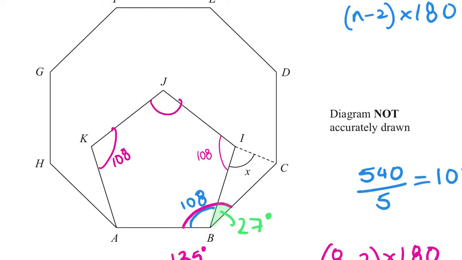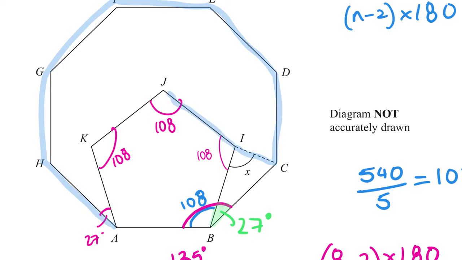Oh my God, you're never going to believe it. 108. What do we know this is? Also 27. Okay, let's have a look at what this shape is. This is crazy. 1, 2, 3, 4, 5, 6, 7, 8, 9, 10.